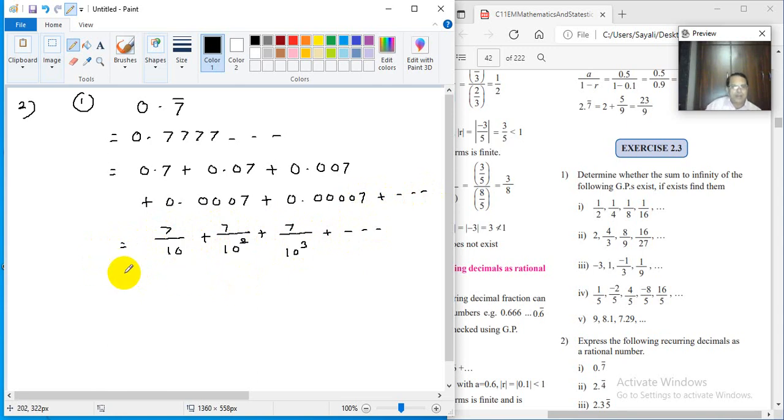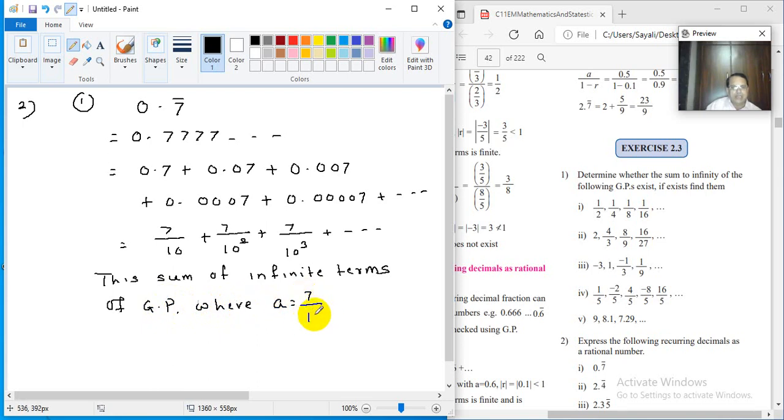Okay, now what happens here, this is the sum of infinite terms of a geometric progression where A is equal to 7/10 and R is equal to 1/10.